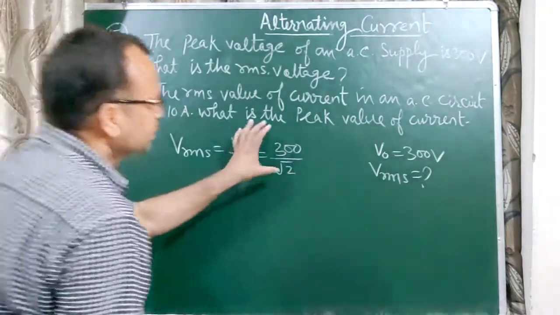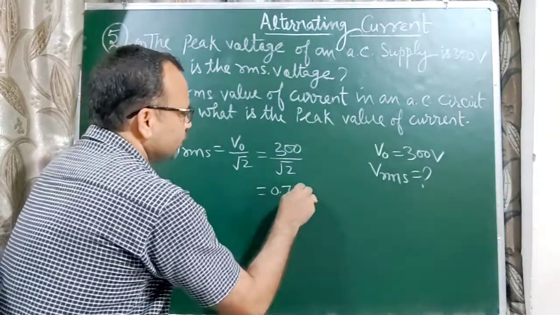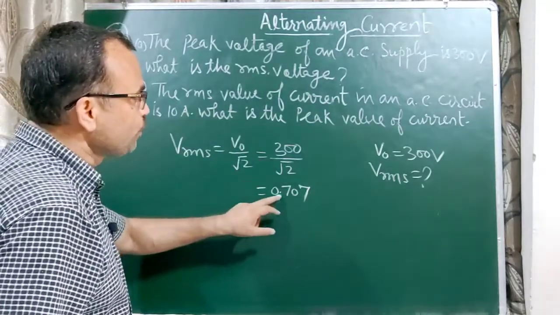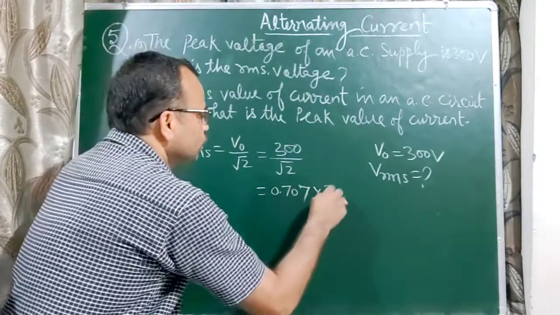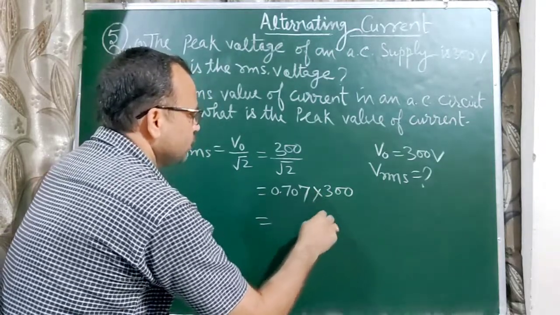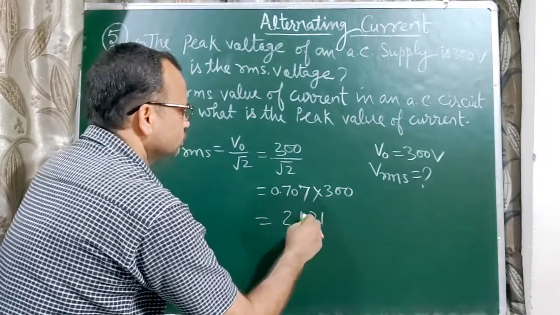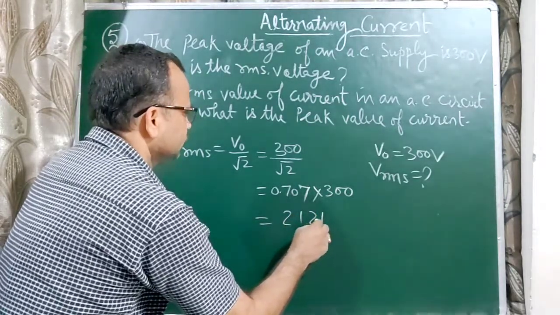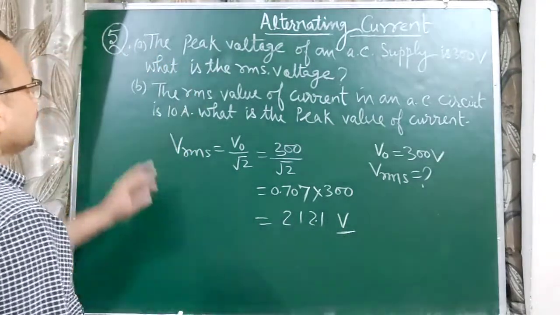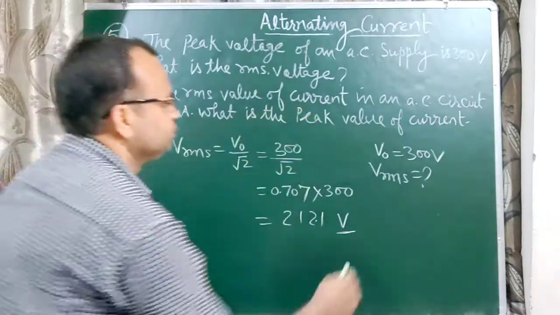As we know that the reciprocal of root 2, 1 upon root 2, is 0.707. You must learn this value. 0.707 into 300 means 212.1 volt.